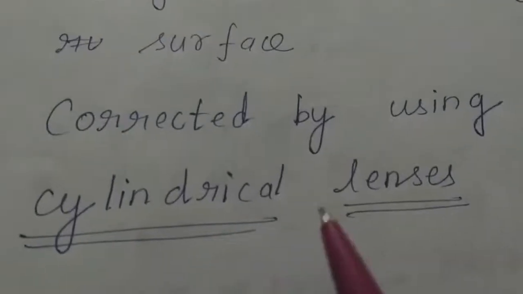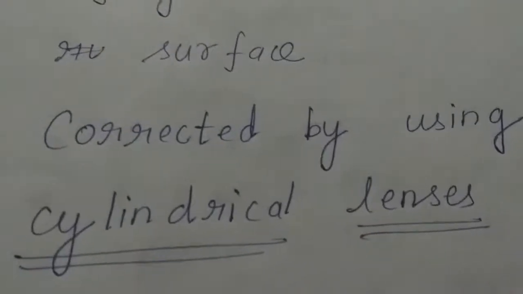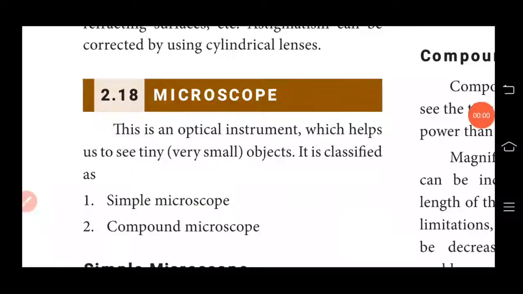Today we are going to learn our new topic, microscope. Students, a microscope is an optical instrument which helps us to see tiny or very small objects.